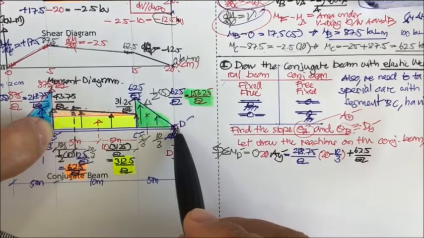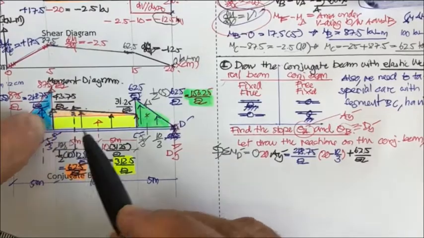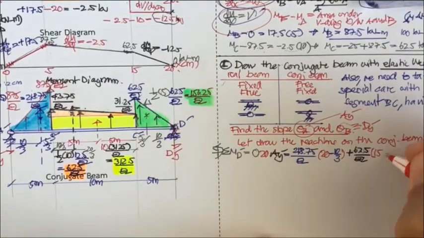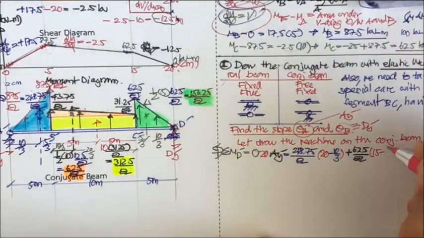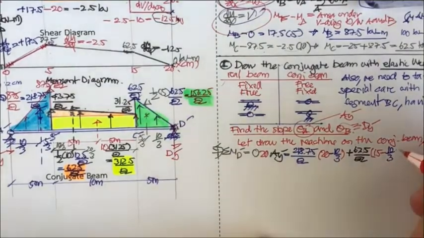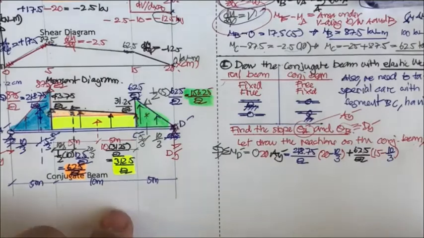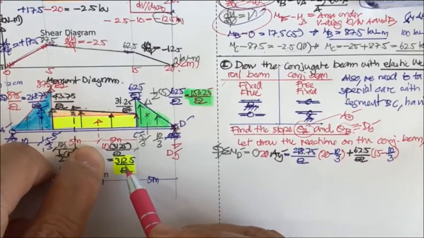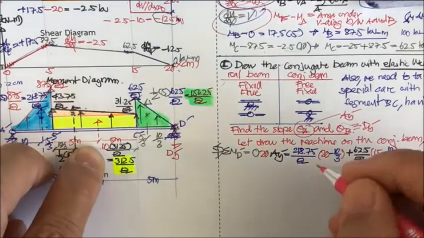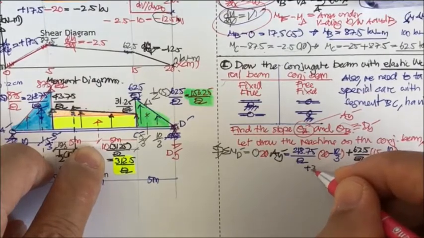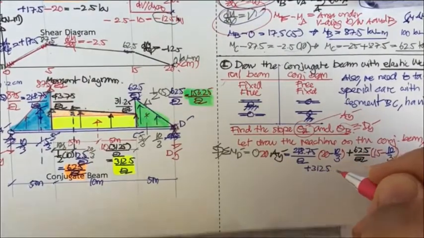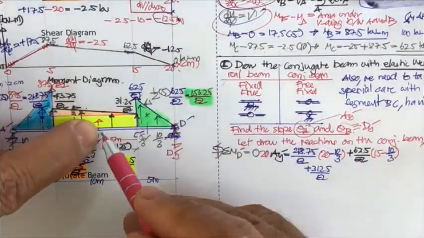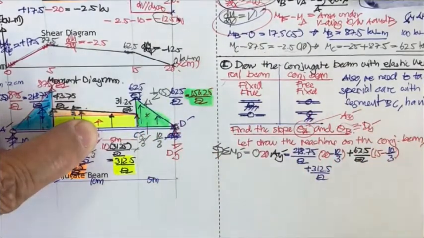So I just take 15 minus this, times 15 minus 10 over 3. So you got 2 already. How about the third? This one is the third. This one is 312.5, so we plus 312.5 divided by EI. And the distance from here to here is 5 meter and this is 5 meters, so it's going to be times 10.